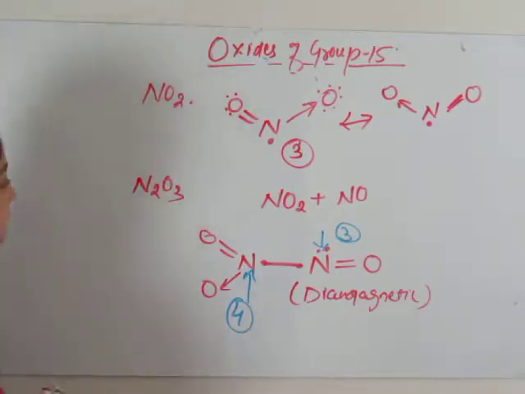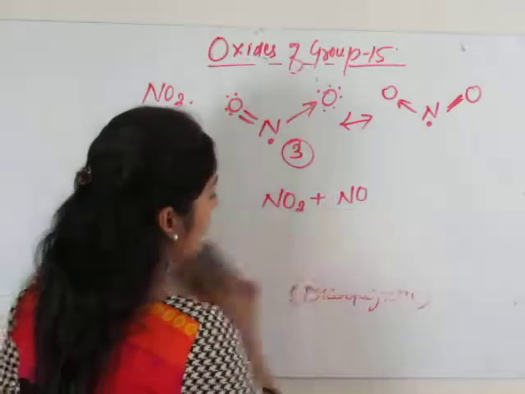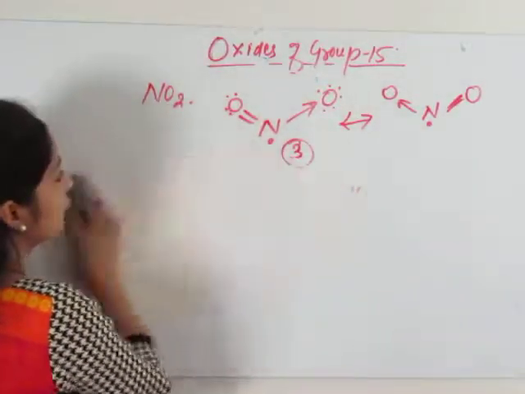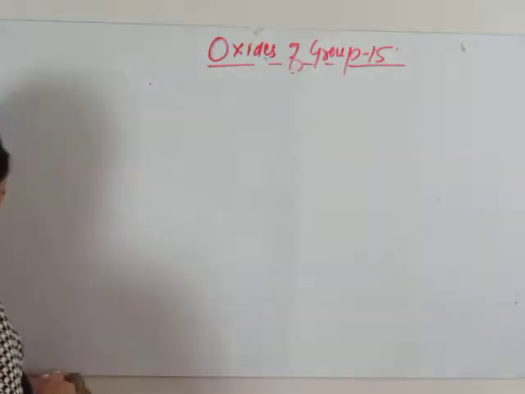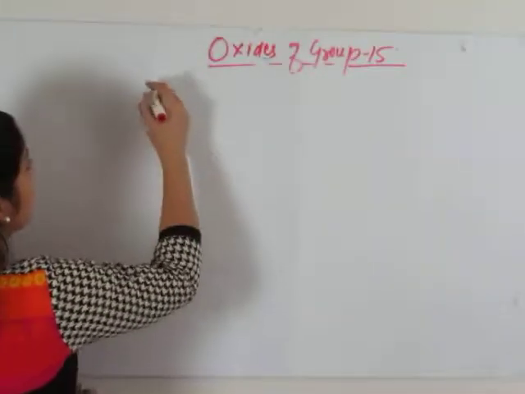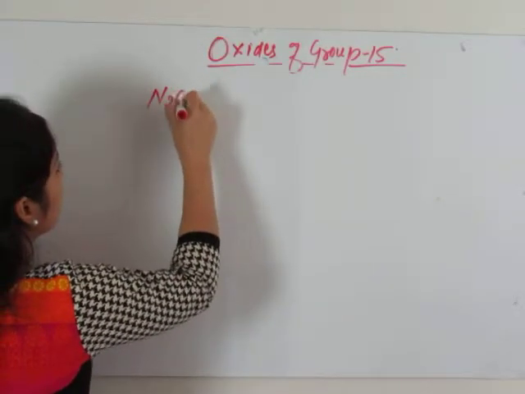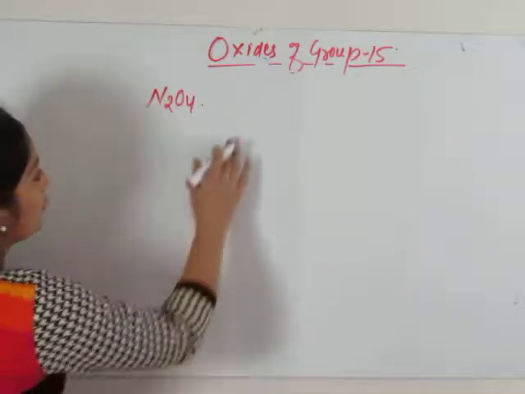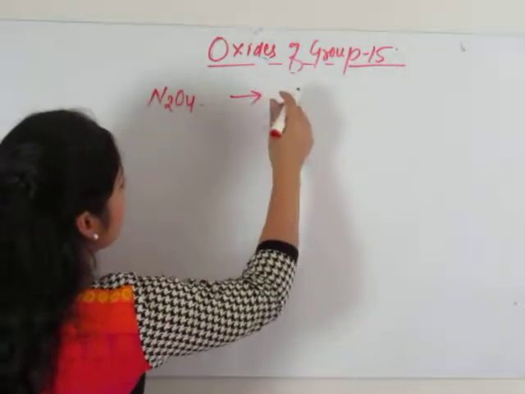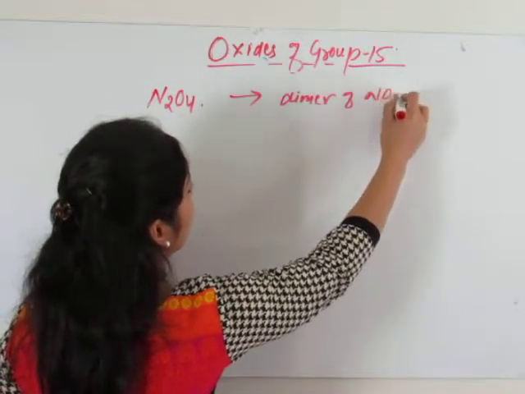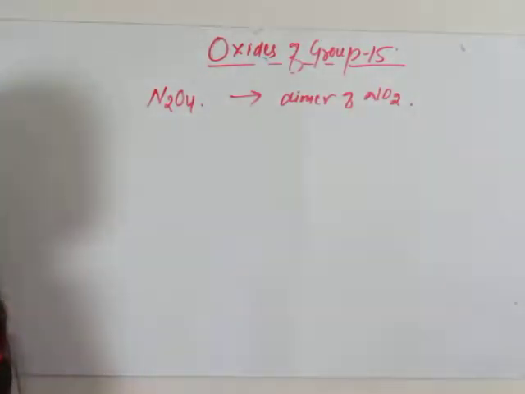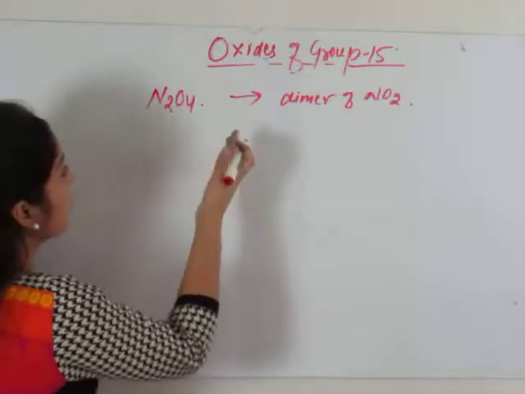नेक्स्ट है आपका N2O4, डाइनाइट्रोजन टेट्राऑक्साइड. N2O4 we can simply say it is a dimer of NO2, right? NO2 plus NO2 gives N2O4.